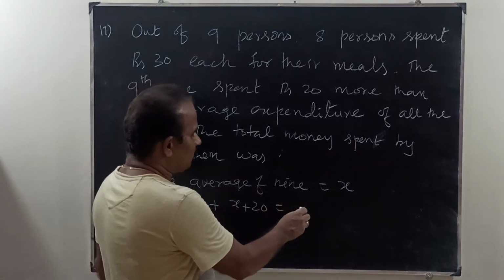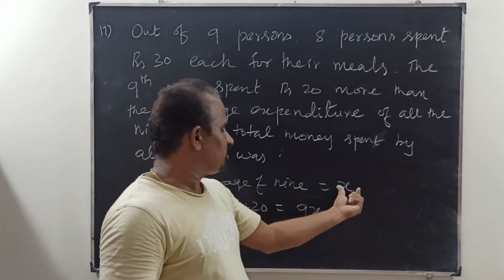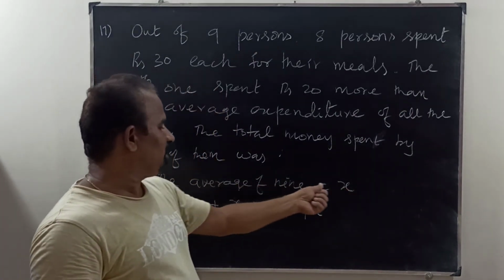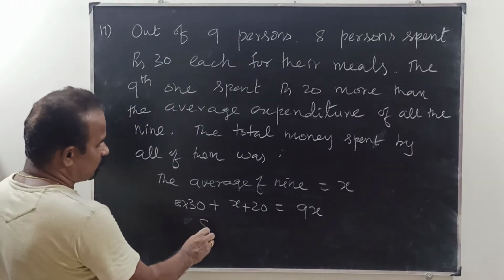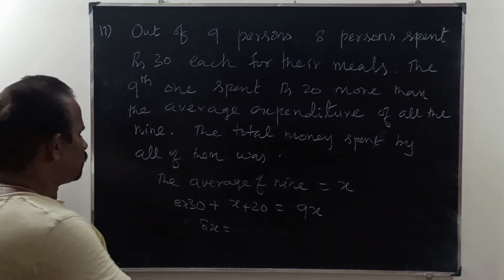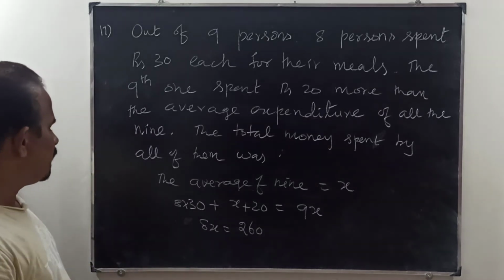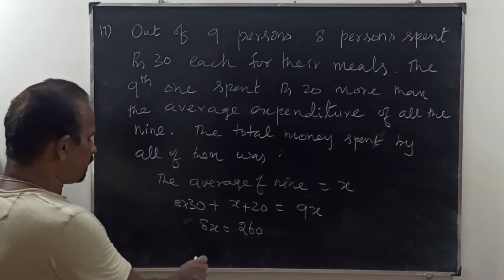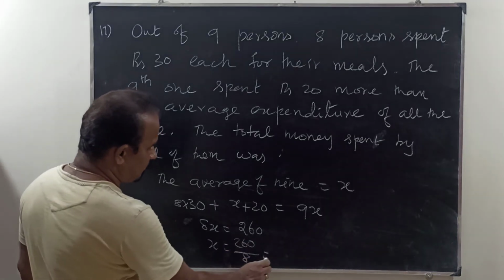This is equal to 9x, because the average expenditure is x. So 9x is equal to 240 plus x plus 20, so 8x is equal to 260. Therefore x is equal to 260 divided by 8.